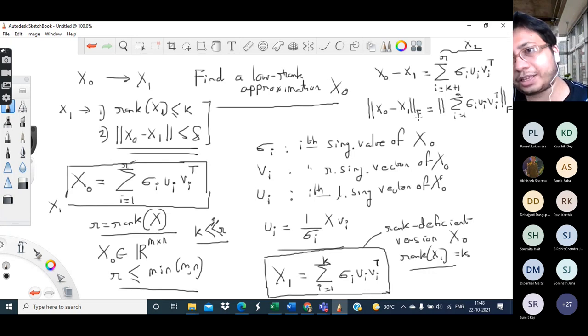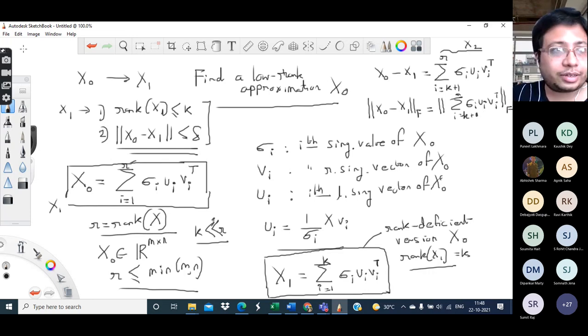Then what happens to the Frobenius norm of x naught minus x1? This Frobenius norm is then, sorry, the sum over i equal to k plus 1 through r. Now, if you remember, yesterday we had discussed one result: given any matrix A, what is its Frobenius norm in terms of its singular values?